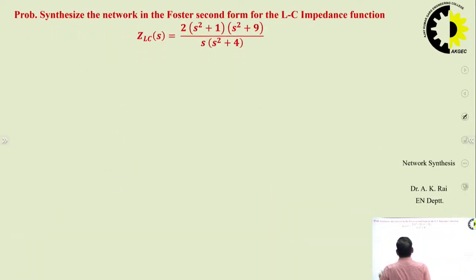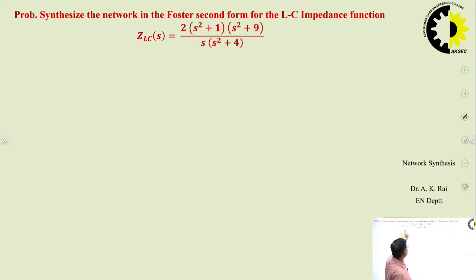Now come to the Foster second form for the same numerical. So ZLC is equal to s square plus 1 into s square plus 9 upon s into s square plus 4. So impedance function is given and you are required to find the admittance. Foster second means Foster second is realized for admittance function.